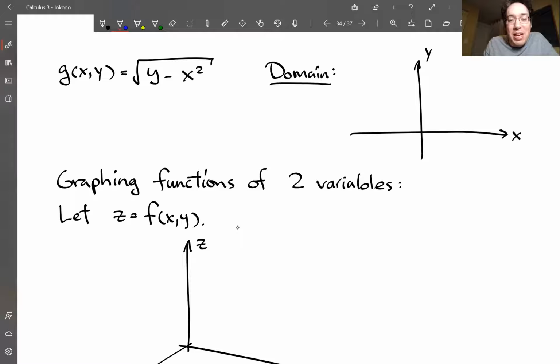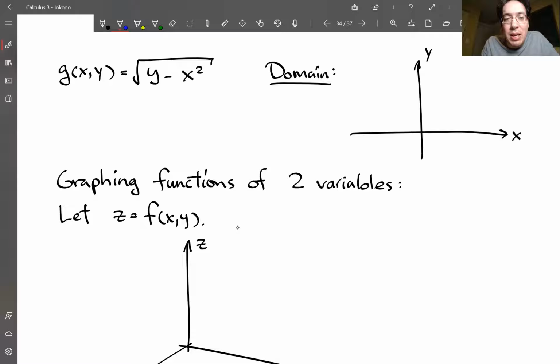So looking at the domain and making graphs of these things is not easy. So let's do some practice. Let's look at a function g, square root of y minus x squared. The domain is any numbers x and y that I can plug in here for which the function makes sense. So I want the output to be a real number.